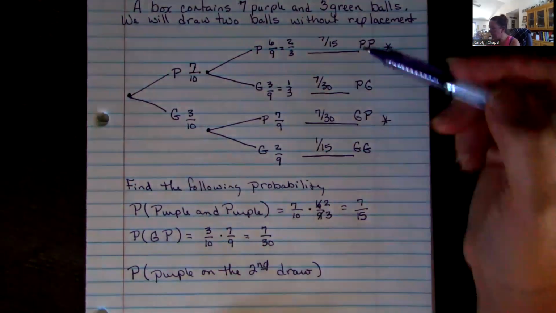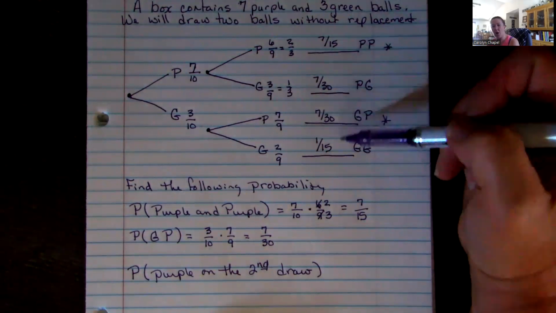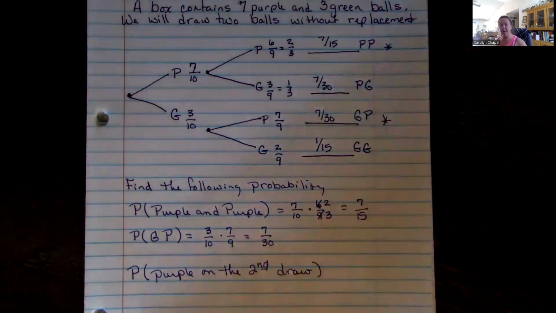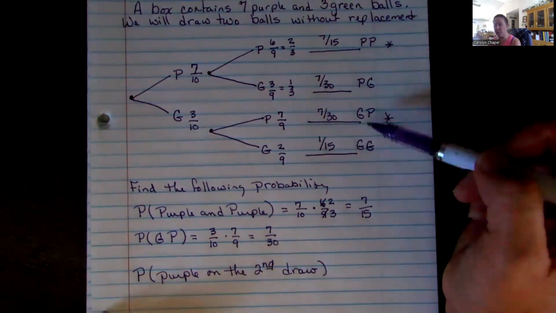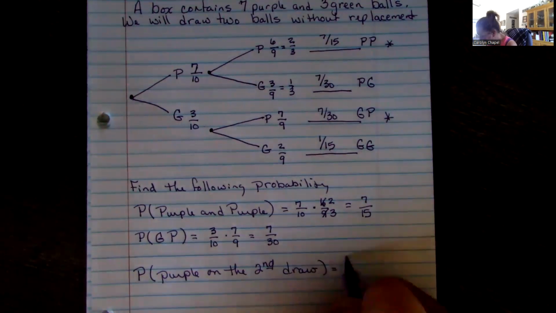And now you have to remember that these objects are all completely disjoint. They do not have any overlap. So that means I can calculate the total probability by adding those 2 together.